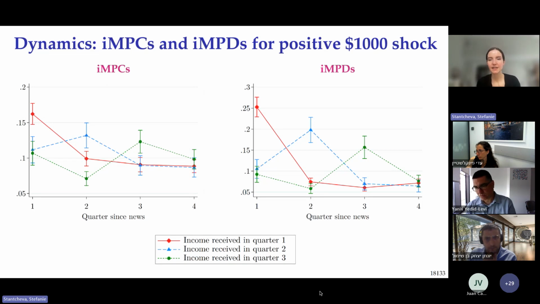In the data, you can't easily say, you're getting a shock today versus in 2 quarters versus in 3 quarters. We don't have these experiments in the data that vary the size of the shock, the horizon, things like that. So this is where it's really valuable to know you can trust these survey responses, and now you can extrapolate to all these scenarios that you would like to know about.